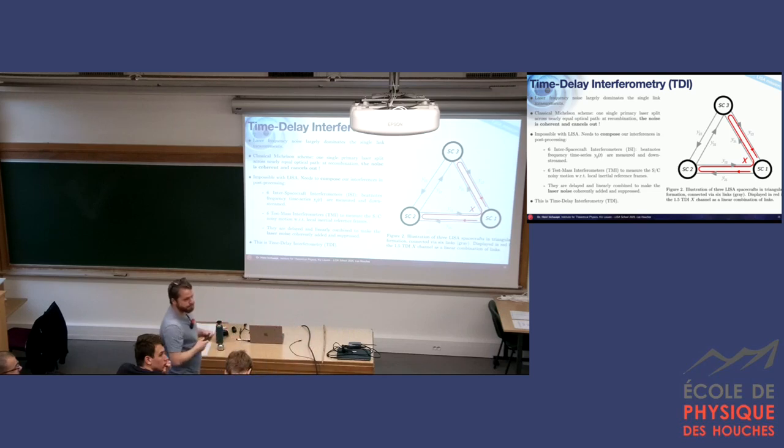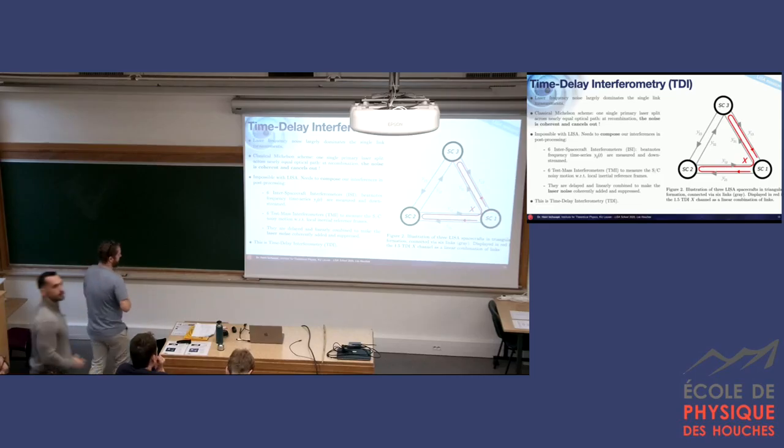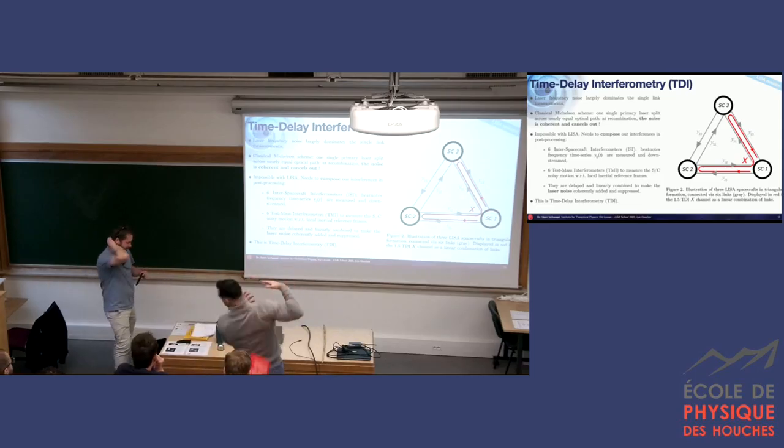But so these are supposed to be, as you said, like going back to the classical Michelson scheme where the noise is coherent and will cancel out. Yes. So you basically construct artificially as if the laser was going through a path, and make sure that you have two paths of the same length in total, and you make them combine, so you are guaranteed to have the laser noise cancelled. It's really software interferometry.